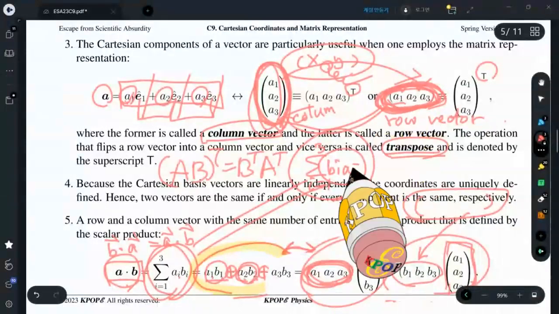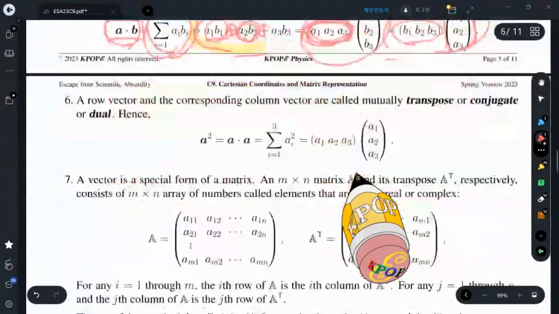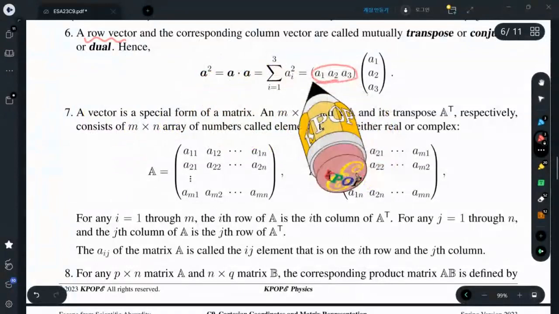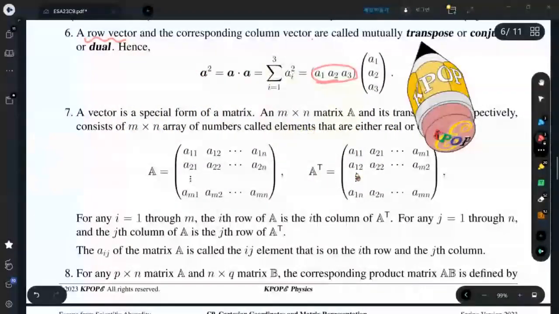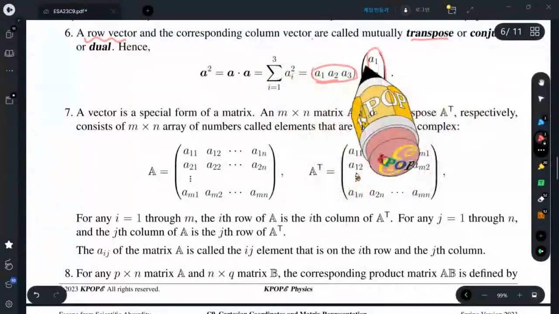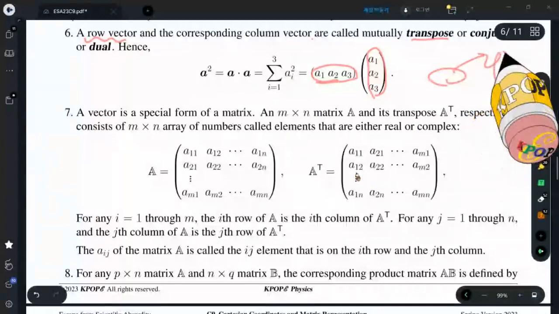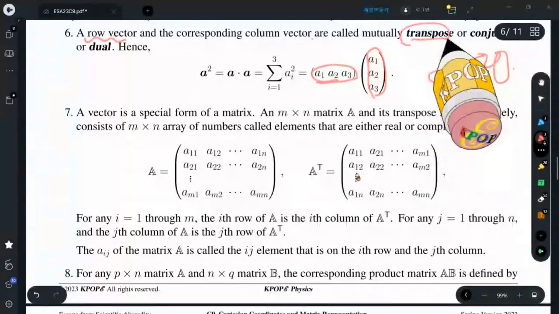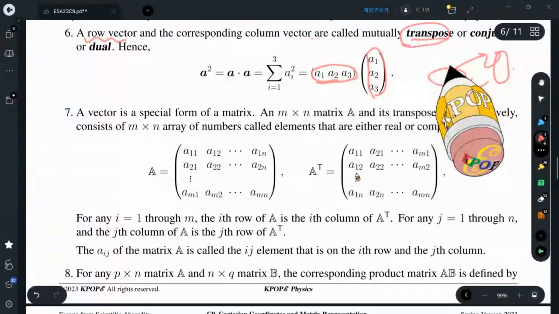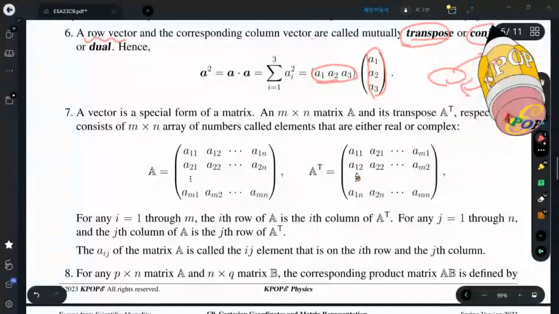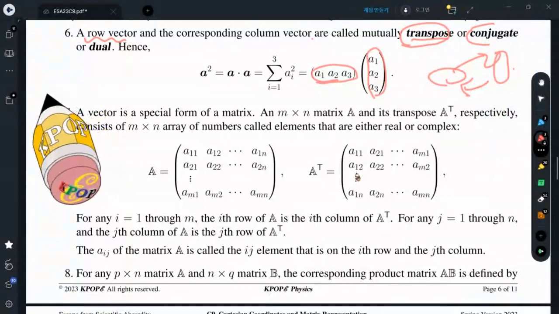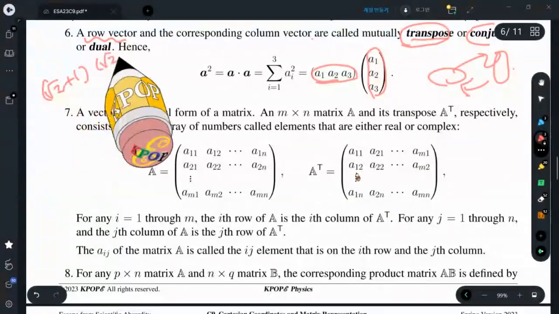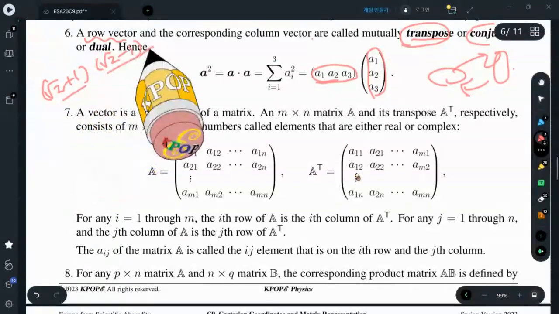Okay. A row vector and a corresponding column vector are called mutually transposed. A row becomes a column and a column becomes a row. We say they are mutually transposed or conjugate. So we have, for example, square root of 2 plus 1 and square root of 2 minus 1. They are called conjugate.